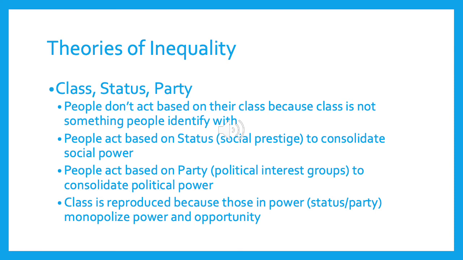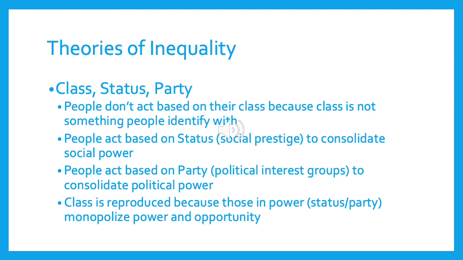So how they might do this is by creating spaces where only people of a certain status can get in. Exclusive clubs, for example, or parties that only certain kinds of people are invited to, or boards that only certain kinds of people are invited to sit on. So this is what Weber means by status.